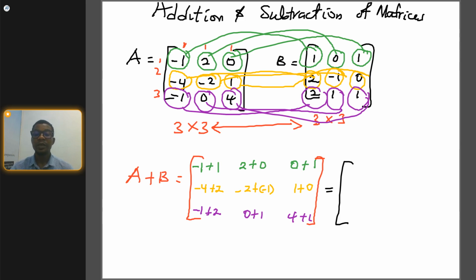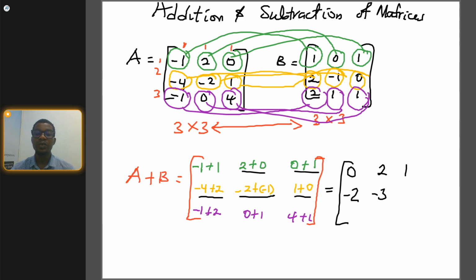-1 plus 1 will give us 0. Adding 2 to 0, that is 2. 0 plus 1 is 1. -4 plus 2 will be -2. And -2 minus 1 will give us -3.